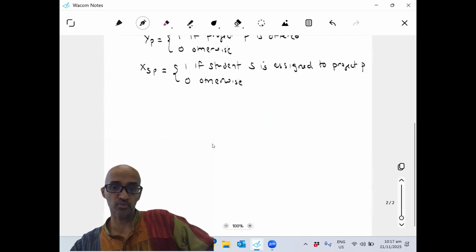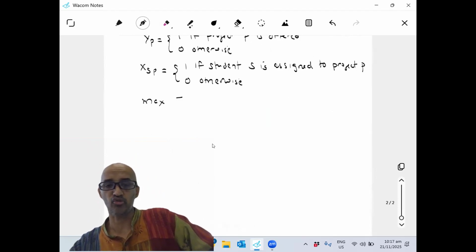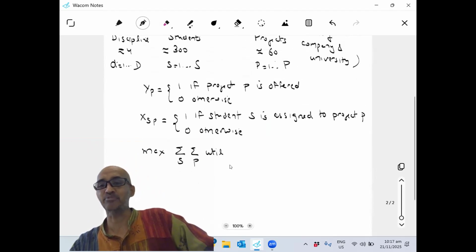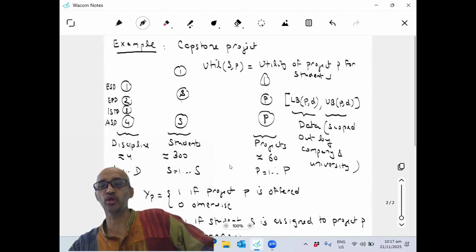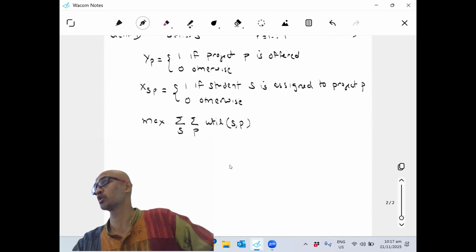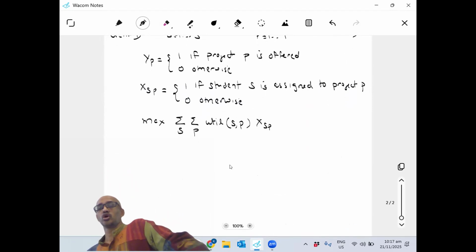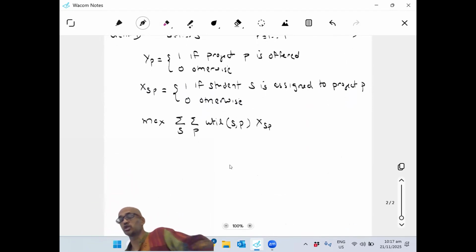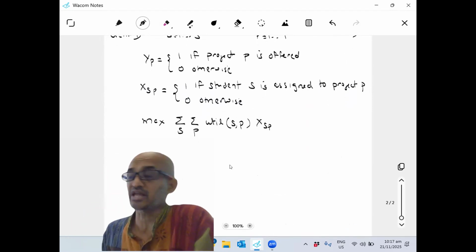Okay. So what's the optimization problem? You want to maximize the summation across all students, across all projects, of the utility, which can be captured by just asking students to rank their projects. So you can get this from their rankings, which students actually do, times the amount of the allocation.